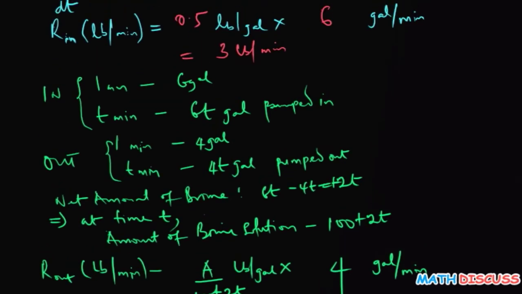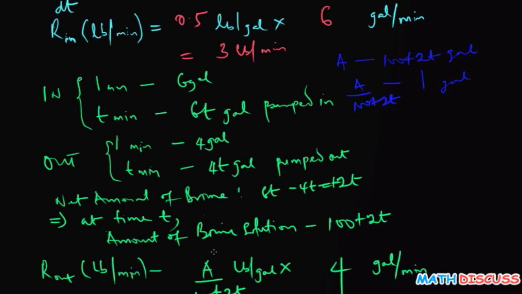And you might be wondering, how did I get A all over 100 plus 2t? We did something similar to this in the last video. We assumed that at time t, A is present in this quantity. So you have 100 plus 2t gallons. A amount of salt is present in 100 plus 2t gallons. Then how many will be present in 1 gallon? That will be A divided by 100 plus 2t.